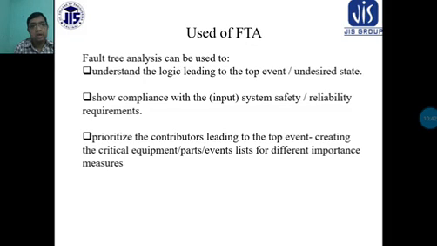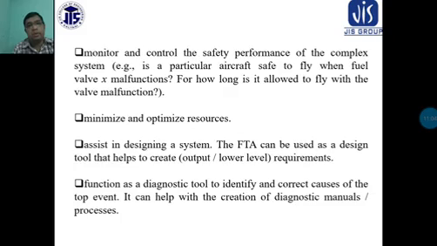You have to consider different importance measurements, like critical equipment and parts, and different types of events, which do not depend only on the equipment. In a few cases, skilled labor is not available in the industry, and this will also be used for the analysis.